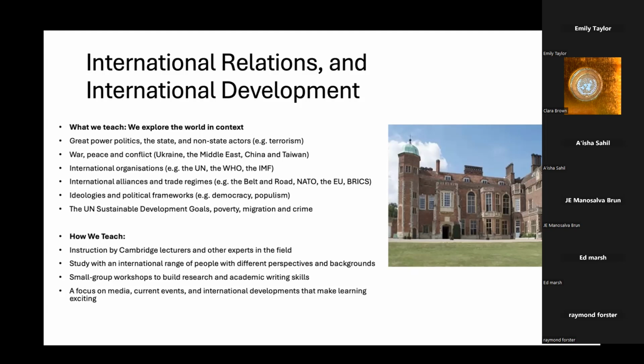Underpinning much of this is always ideas about ideology and political frameworks. So the United States and China and Russia couldn't be more different in terms of the ideologies they follow and then how that translates into both their relationships with those on the ground and how they are supporting or not supporting international development and the rescue of people that are poor, which concerns so much of the world, the kinds of aid that they are giving, but also it very much determines how their own societies are organized and hence how they interpret threat, intervention, and alliances.